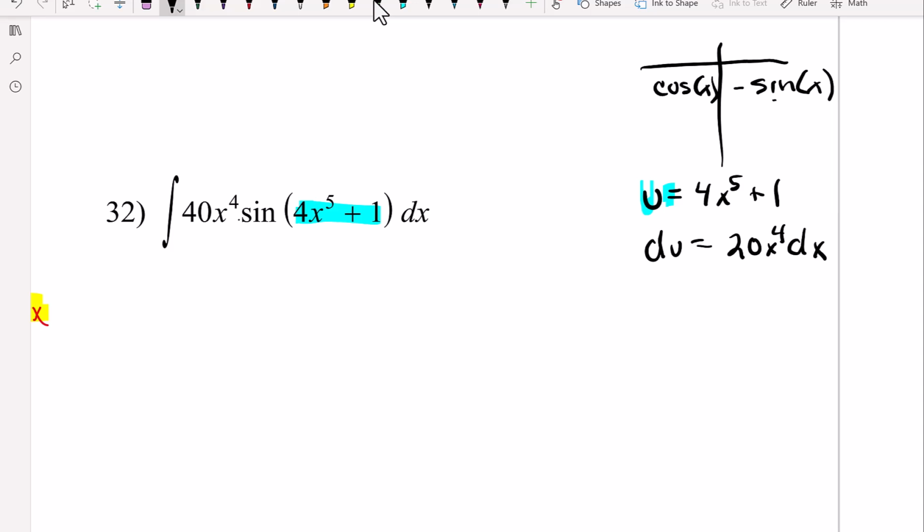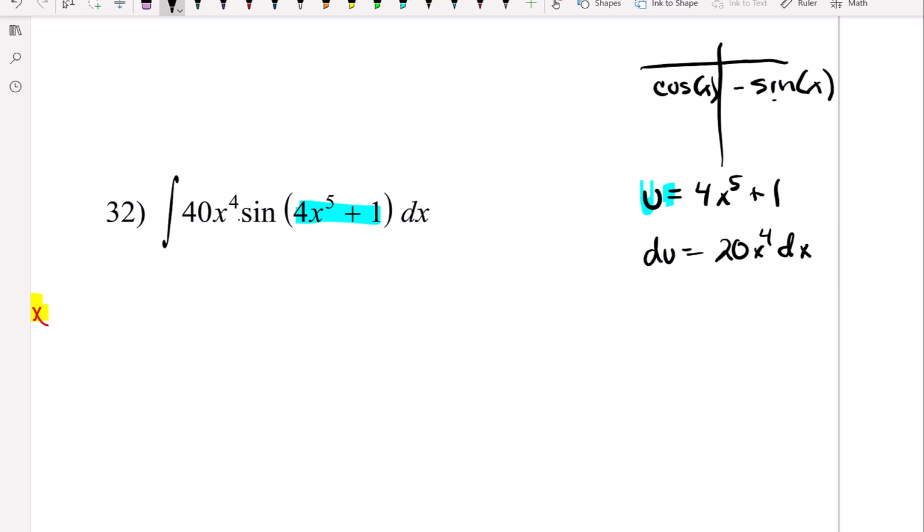So what we have is negative 2 du is equal to negative, let me think about this. We want that to say 40. Okay.